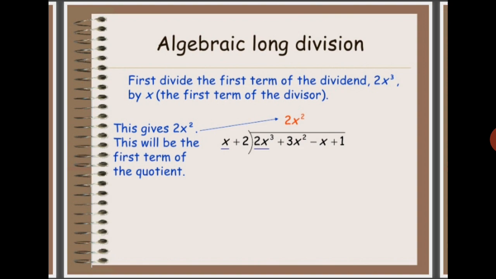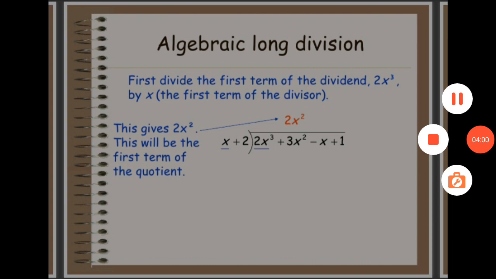What you have to do is, you have to check the highest power of the divisor and the highest power of the dividend. Here your divisor, it is x, that is raised to power 1, and for the dividend, it is 2x cube. Check these two and try to find a number that when multiplied by x gives you x cube.